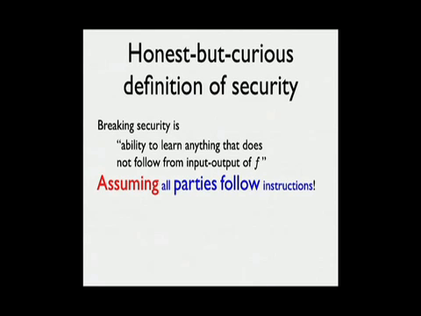So they're honest parties, they follow all the instructions, okay, but they're curious. They'll do anything they can in order to look at the transcript of their protocols and to learn something about Alice or Bob's input. Okay, that's the honest but curious part, also known as the semi-honest model. And obviously this is not something that we can run on the internet because we certainly can't assume everybody's honest, and we already know everybody's curious.